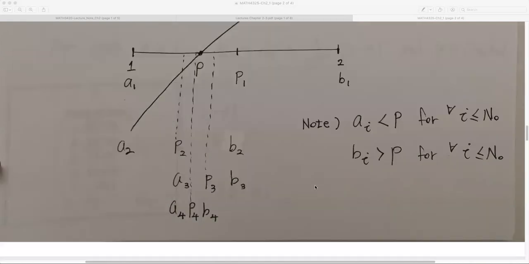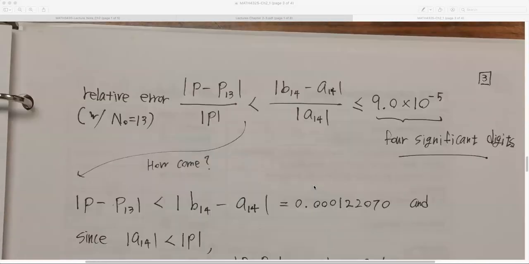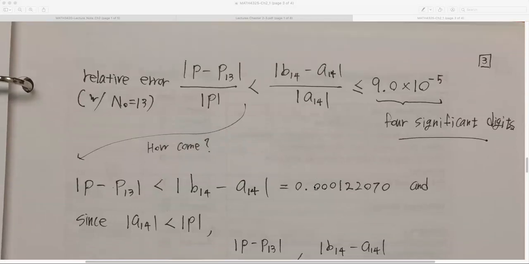Okay, so now here we're gonna use relative error. What's a relative error and absolute error? So please read my lecture, chapter 1, or read the textbook in chapter 1. The formula should be in chapter 1 of my lecture notes.